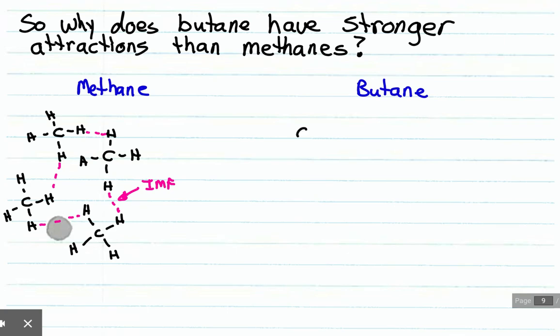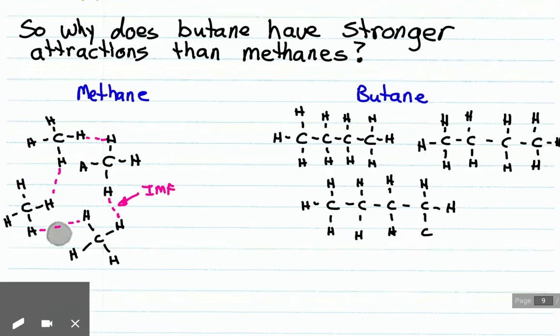So our butane, we know from its name, again, has 4 carbons. And they're all bonded with some hydrogens. So I'm just going to hit pause and draw a few of these in. All right, so we have 3 molecules of butane here. And again, they can make forces of attraction with each other. So there's probably going to be some attractions happening here and one here, probably one here, and maybe a weak one here. And maybe one here.